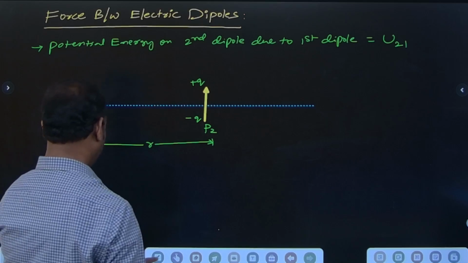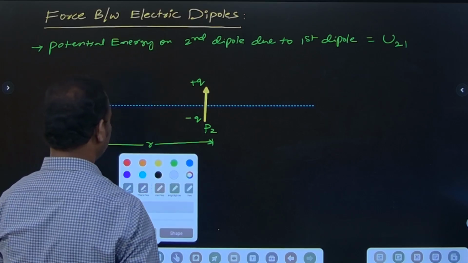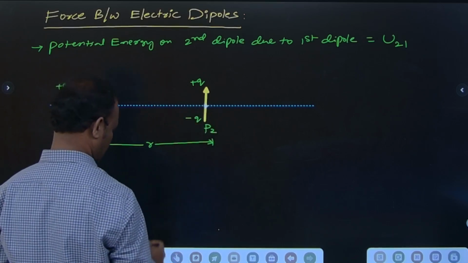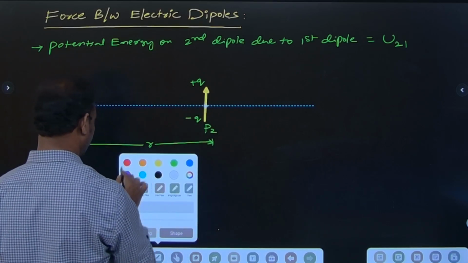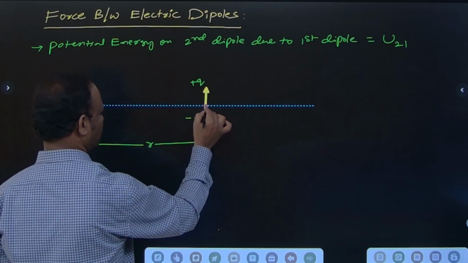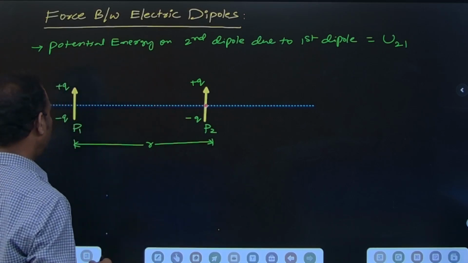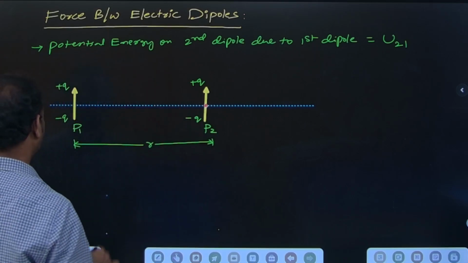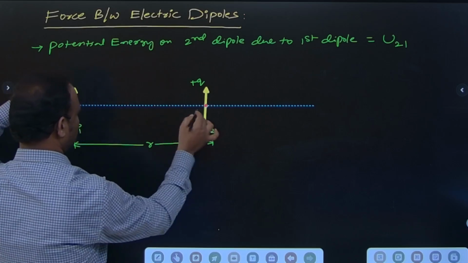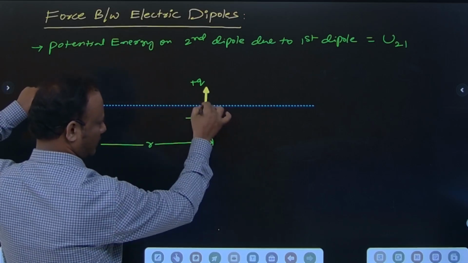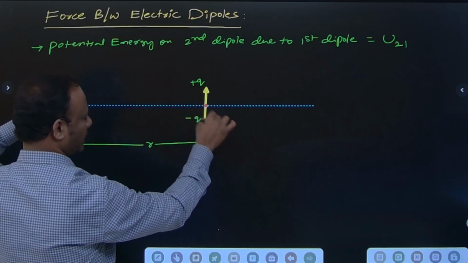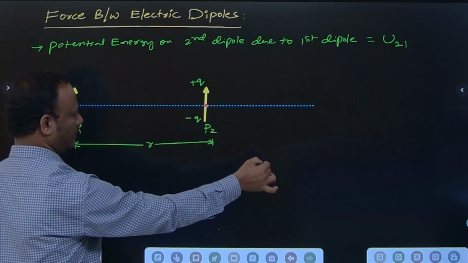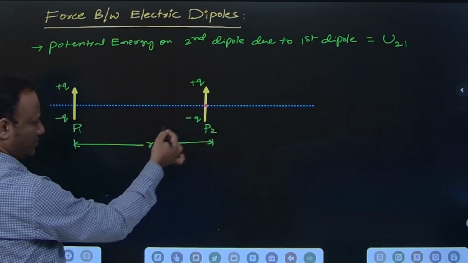Now choose the point here. What is the electric field created due to this one? Due to the positive charge, it should be away. Due to the negative charge, it should be towards.